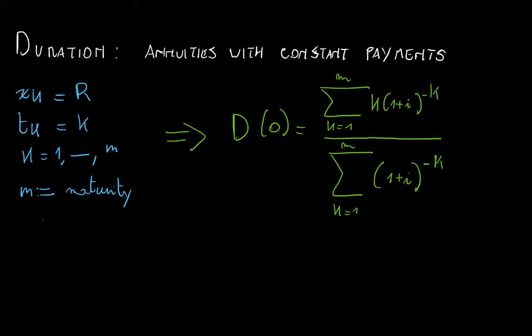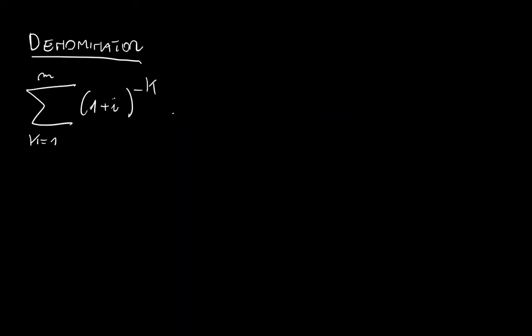Now we are going to develop mathematically both the denominator and the numerator. The denominator is the sum from 1 to m of 1 plus the interest rate, which is assumed constant, to the power minus k.